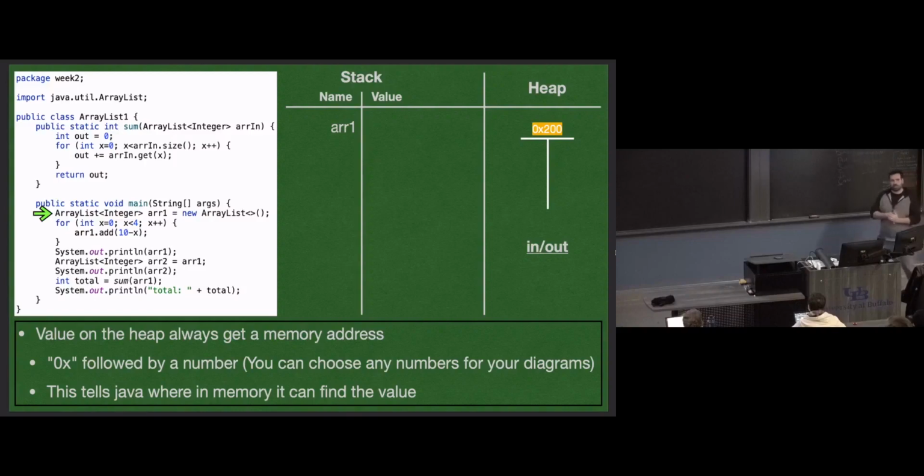I'll make them look like decimal numbers in my slides. But 0x means it's a hex value, which the memory addresses in your RAM, remember it's one giant array. The indices of that array are hex values. That's how we access specific bytes of memory, is specify the memory address of that value.